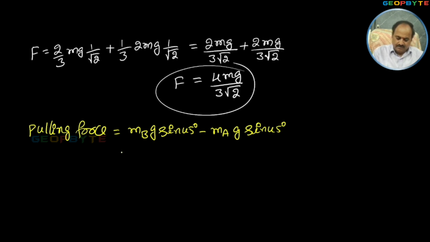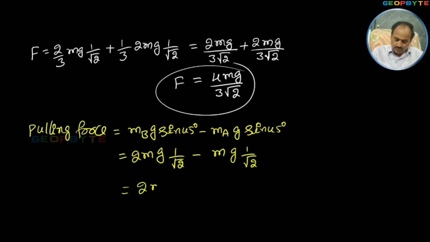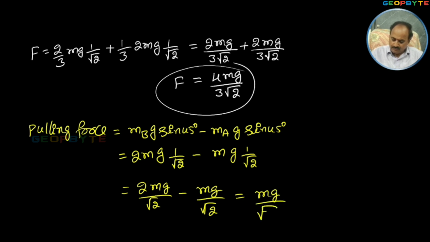Now simplify it: 2m g sin 45, 1 by root 2, minus m g 1 by root 2. Simplified, it is 2mg by root 2 minus mg by root 2. It is just mg by root 2.